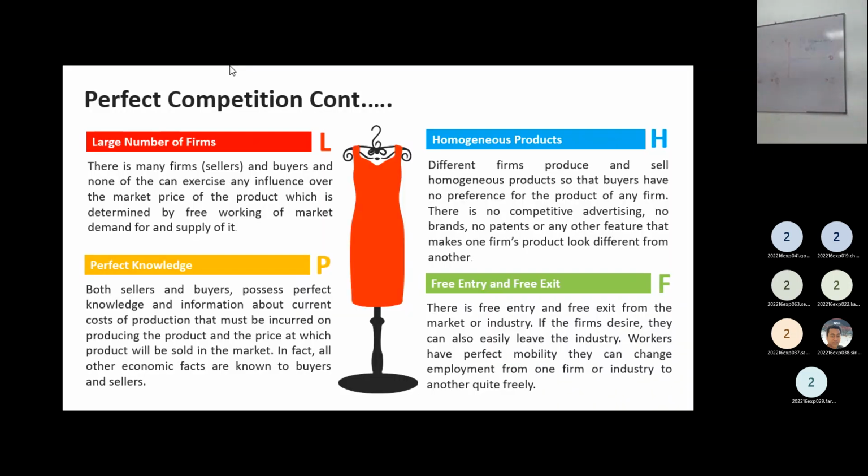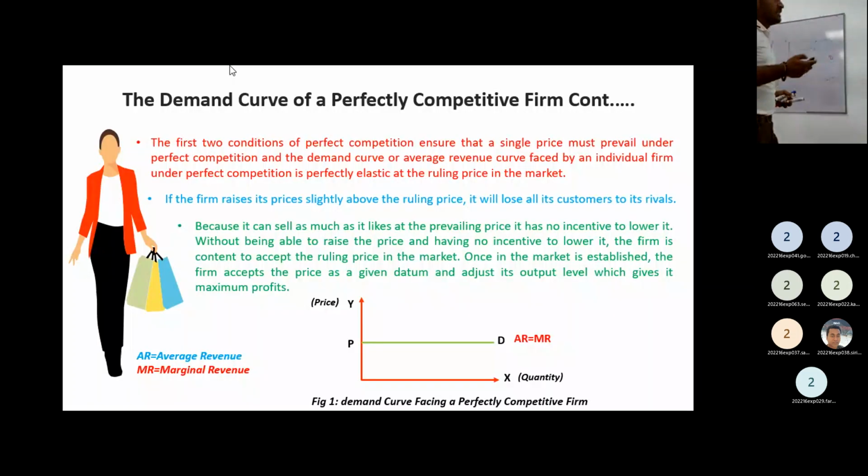Okay. So please read the features and the demand curve of the perfectly competitive market structures.